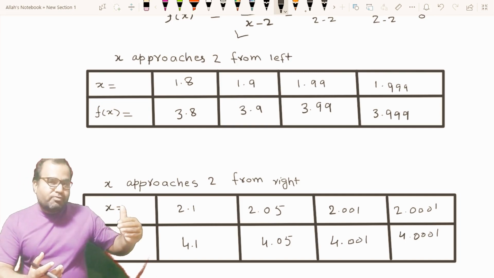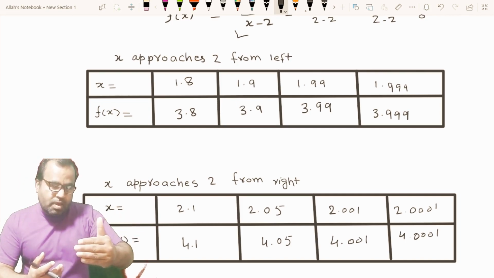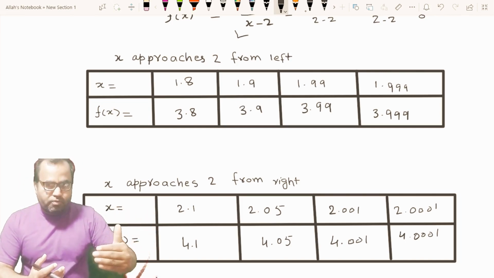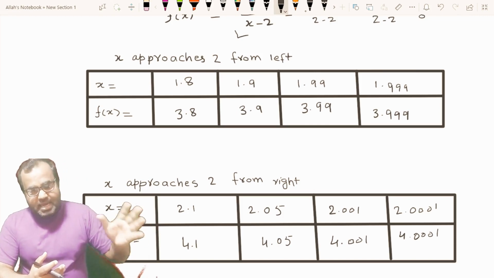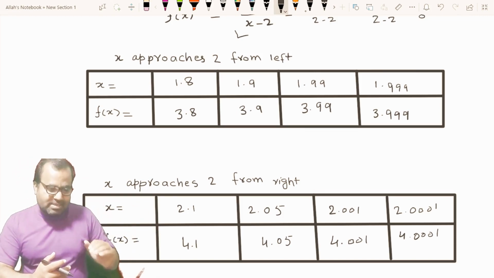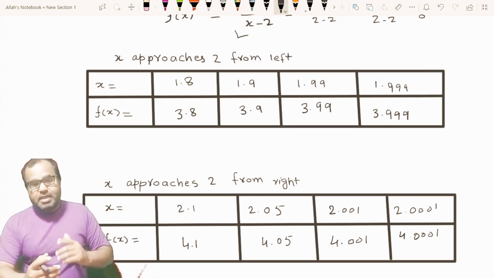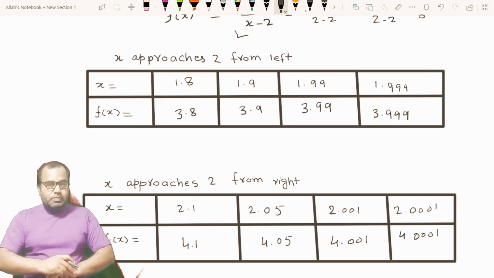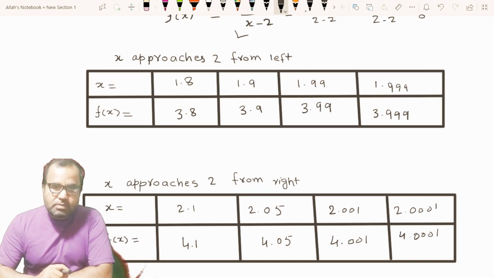So as we move close to 2, we get the answer close to 4 from the left side, and the similar fashion applies on the right side. If we put the value 2.1, our answer is 4.1. Putting 2.05, our answer is 4.05.